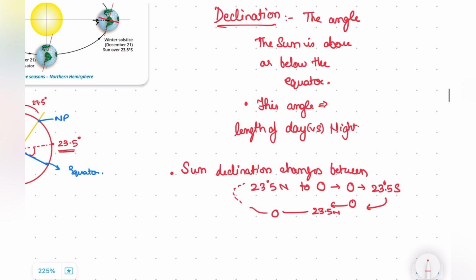The cycle continues, right? Fine. So 23.5 degrees south is known as the Tropic of Capricorn. 23.5 degrees north is known as the Tropic of Cancer.